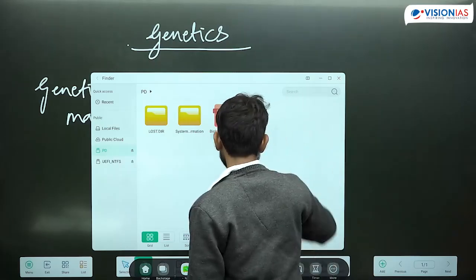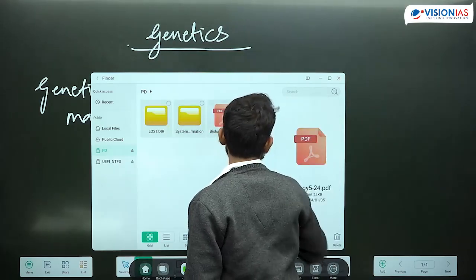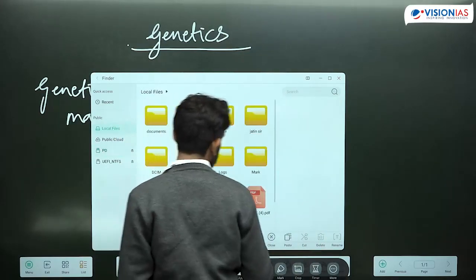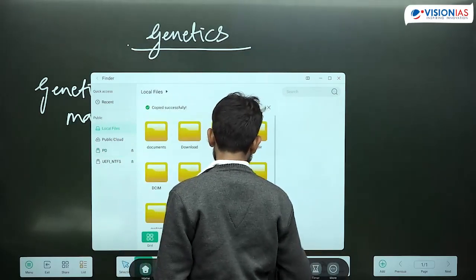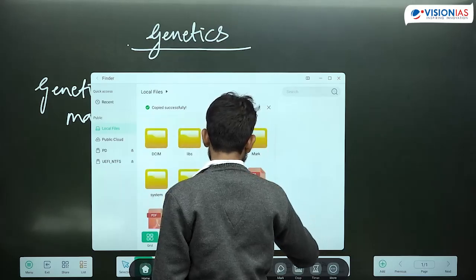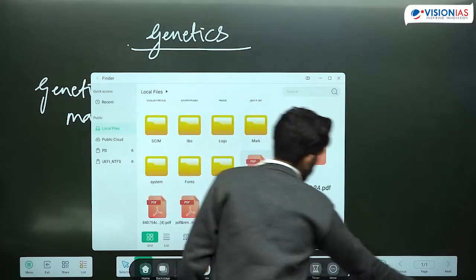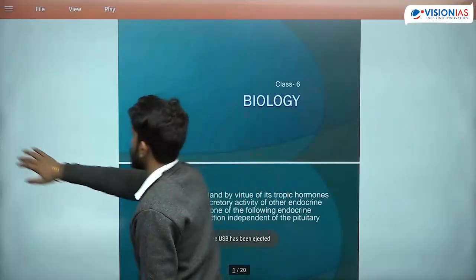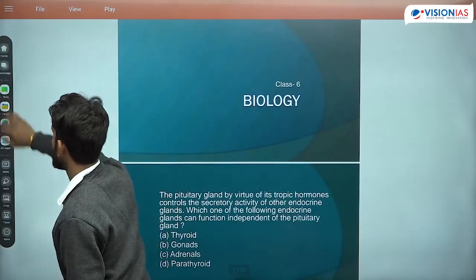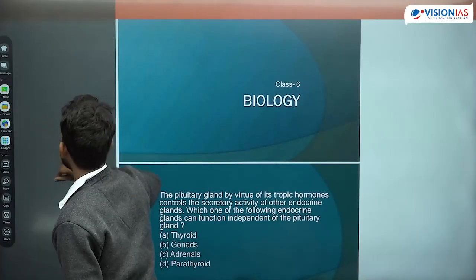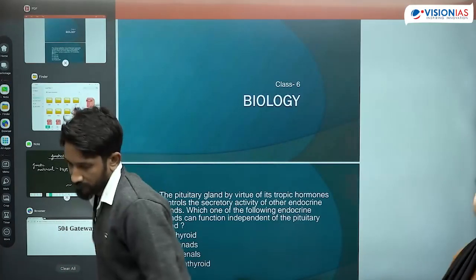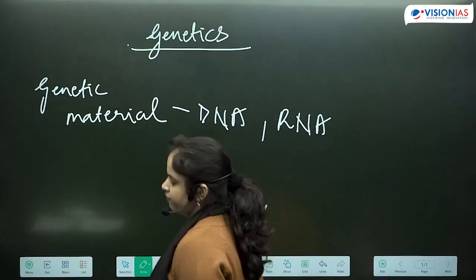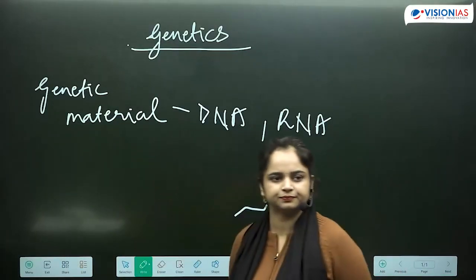Genetics is the study of genetic material and its pattern of inheritance.